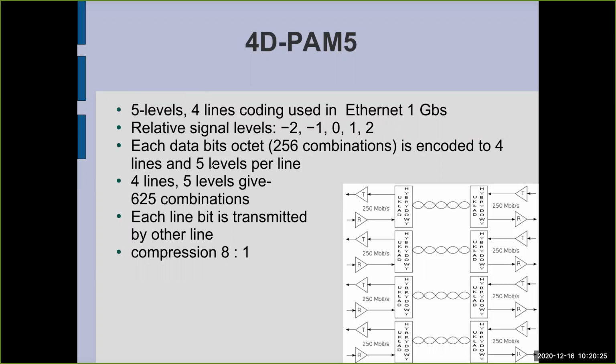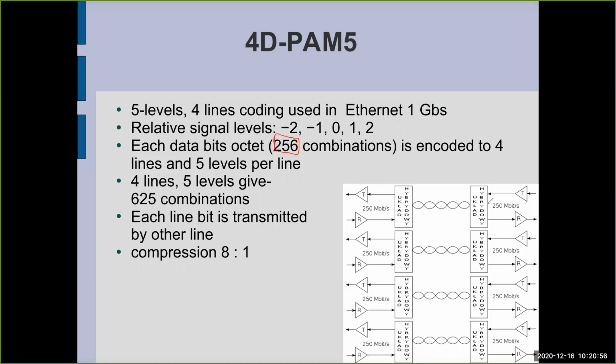So in this case, we had 256 different combinations of levels on these 4 lines. So in fact, we were able to send the data at a speed which is 8 times lower than the speed of the interface.